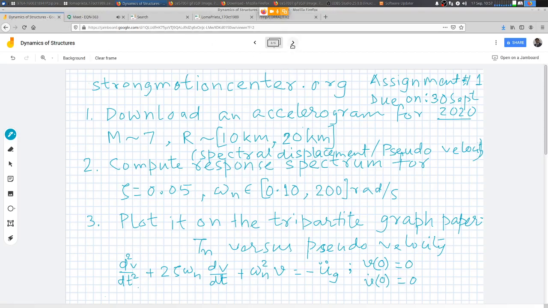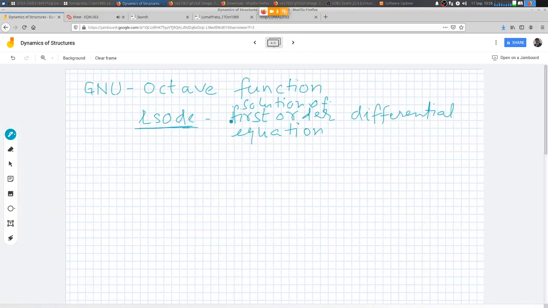So how do you convert this? This is a second order differential equation. How do you convert this second order differential equation into the first order differential equation, which can be solved by LSODE? The whole idea of this exercise is that you need to develop this kind of attitude that there are some tools available which can do some part of the job, and in order to get something done, you need to make use of the available tools.